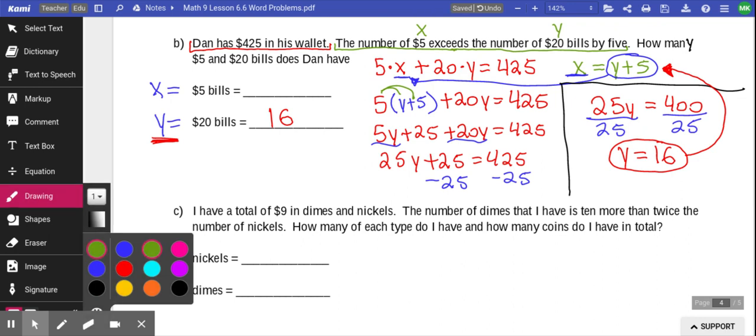That equation said x equaled y, which is 16, plus 5. That means x equals 21. He has 21 $5 bills. My answers are over here just because I ran out of room. So that's my solution.